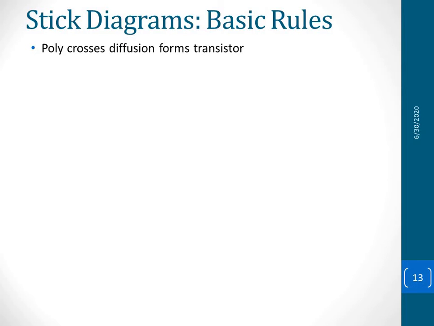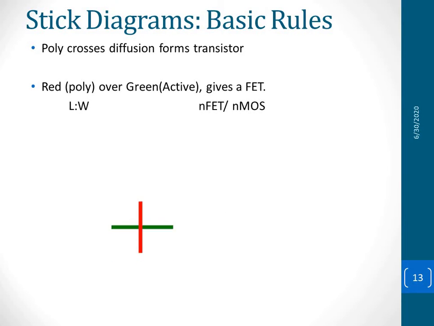Whenever the polysilicon crosses diffusion, then it forms a transistor. So red color is used for polysilicon, and green color is for active material. So that gives a FET or a transistor.